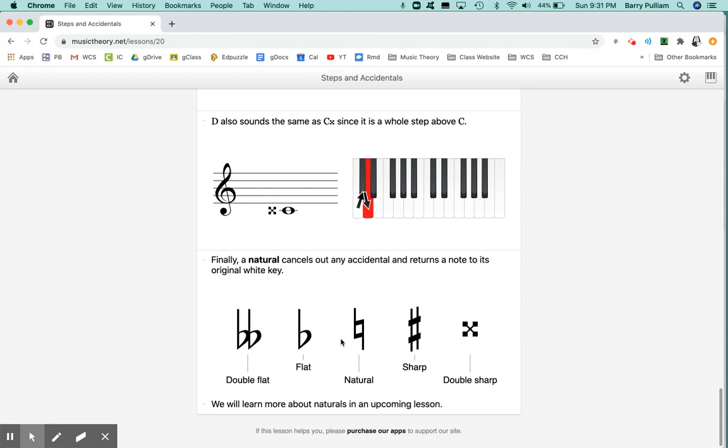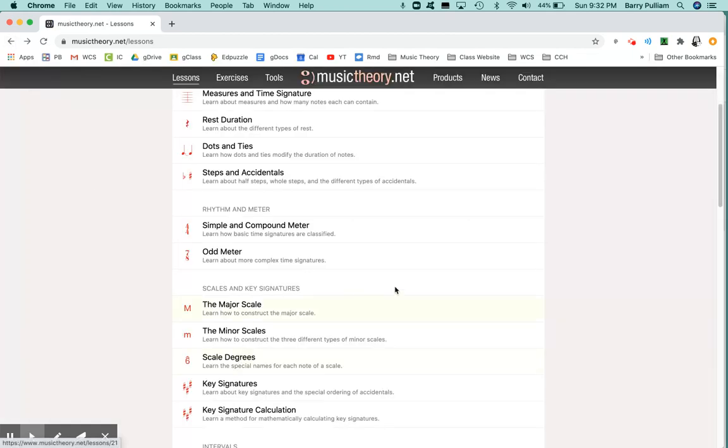This note will be a natural note. The rest of these things we're going to get into later. Major scales and key signature and scale degrees. We'll get into that later.